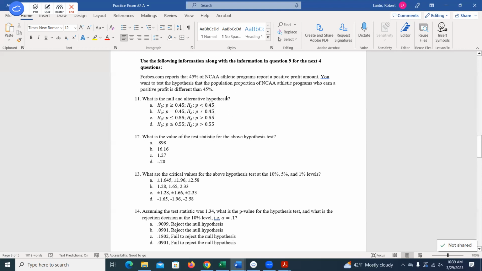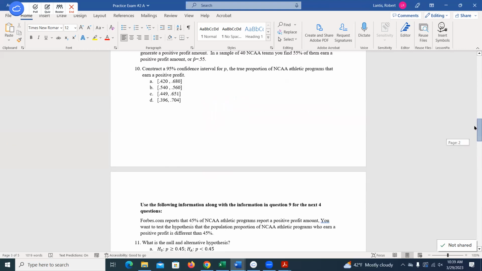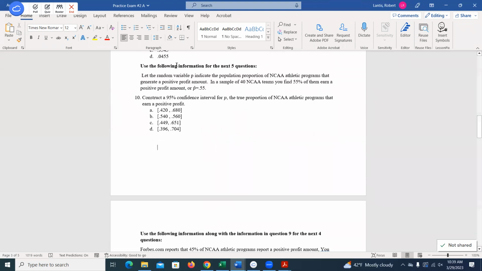Oh, it's all the way up here. Sorry, this is where I did a confidence interval one. I'm going to skip the confidence interval so we do a little more with hypothesis testing. The original information I was given is I took 40 schools and found that 55% of them had a positive profit amount. So I've got a sample proportion of 0.55 and a sample size of 40.